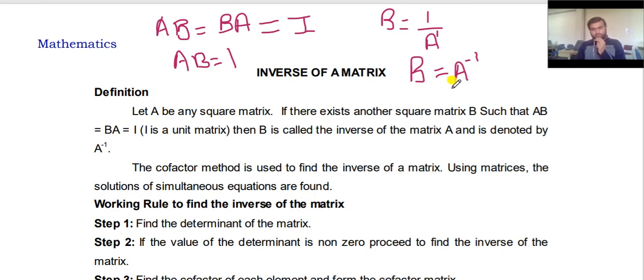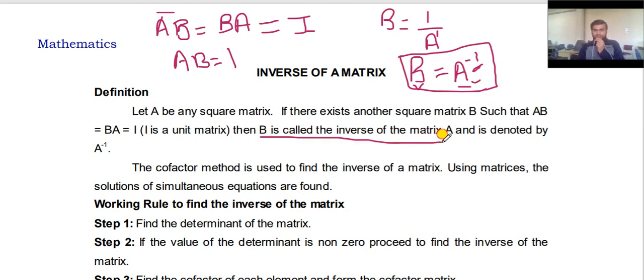The inverse of a matrix is represented by A to the power minus 1, meaning inverse of A, that is equal to B. So if the product of two matrices A and B, or B and A, is a unit matrix, in that case we say that matrix B is the inverse of matrix A, denoted by A inverse.